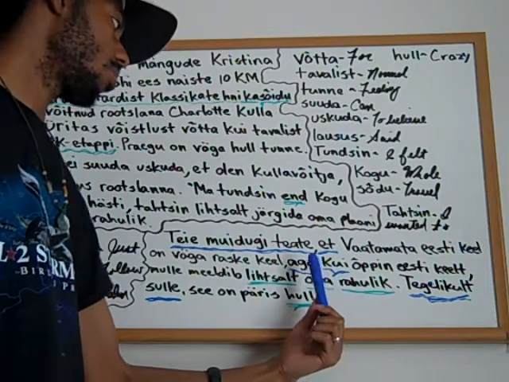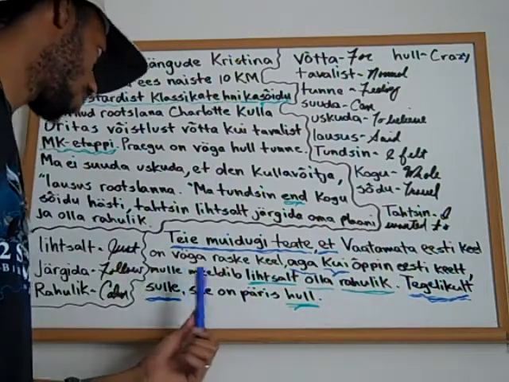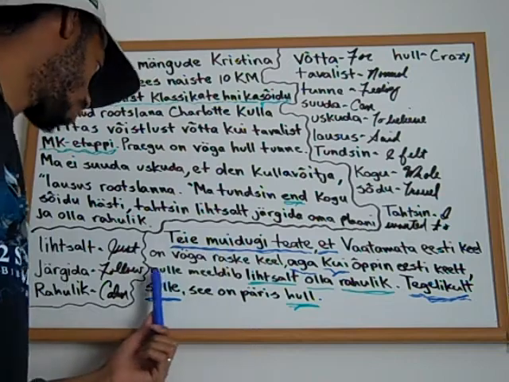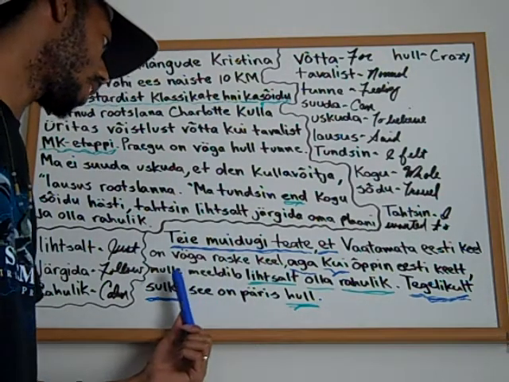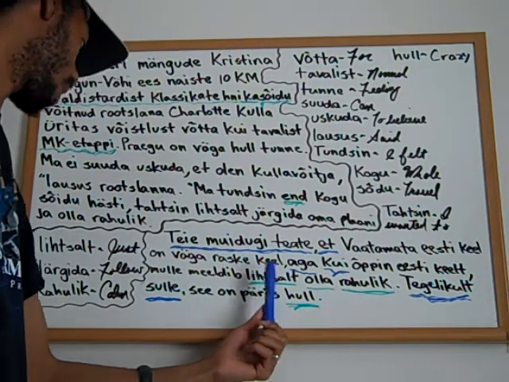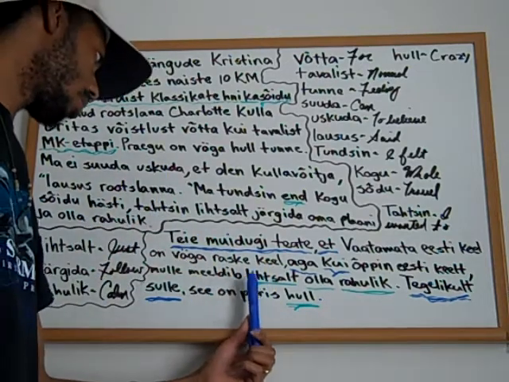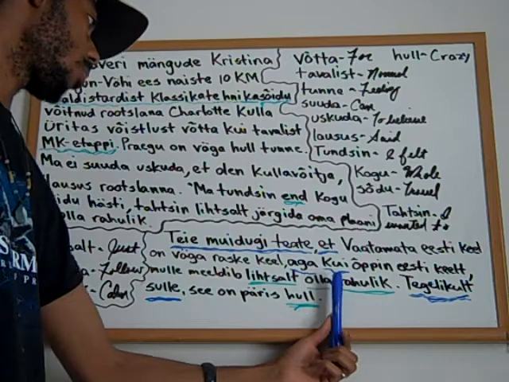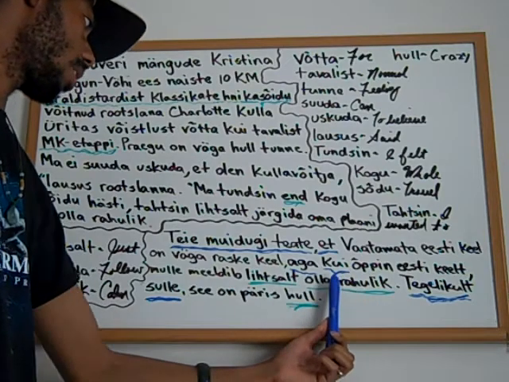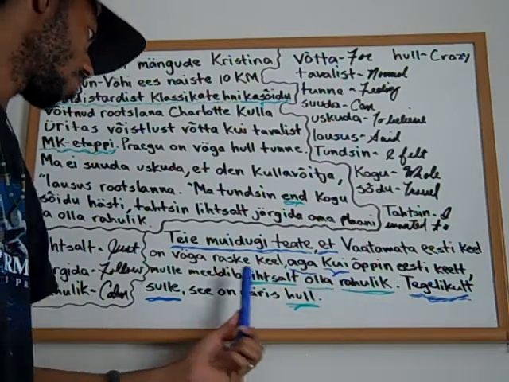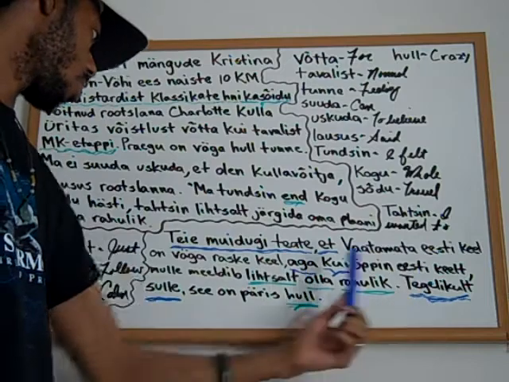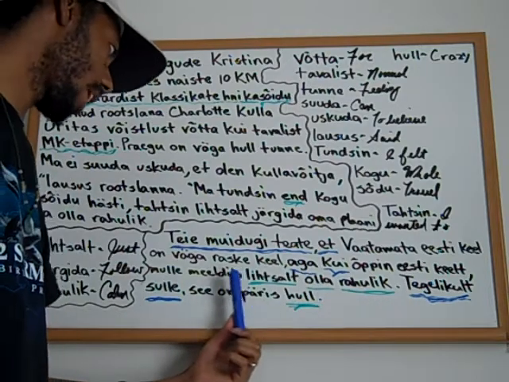So when I study Estonian language, mulle meeldib lihtsalt. I like to just, lihtsalt. I just took lihtsalt from this text. So lihtsalt olla rahulik, be calm. So when I study Estonian, I just like to be calm.